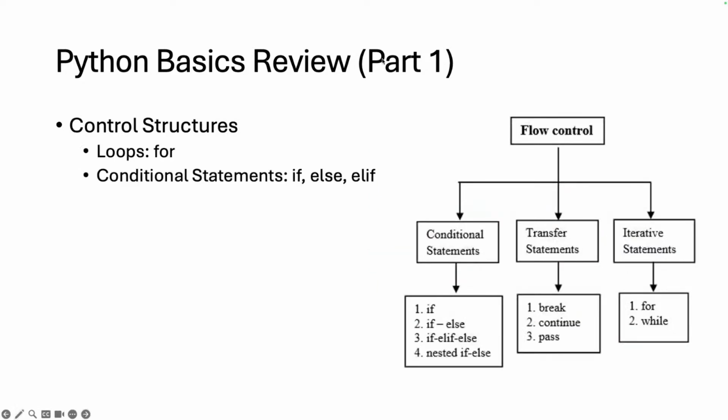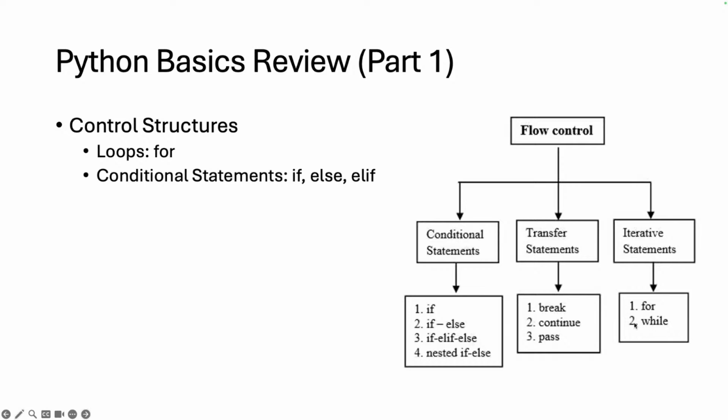So we also talked about control structures. In addition to data types, Python and programming languages in general also have control structures that control where the execution of the code is happening at any point in the code. In Python, the ones that you need to be most familiar with as a precursor for this course are for loops.